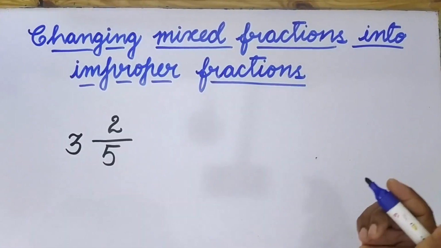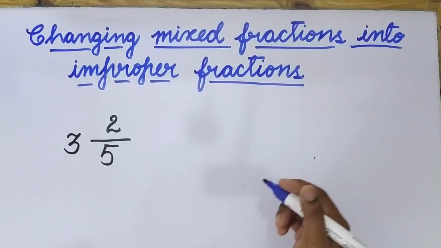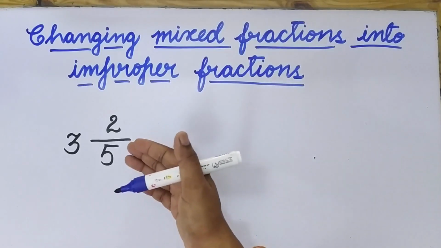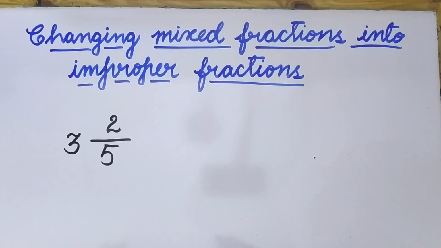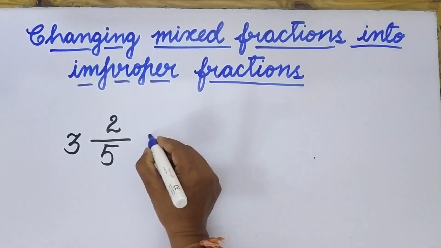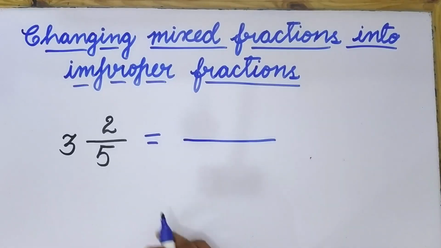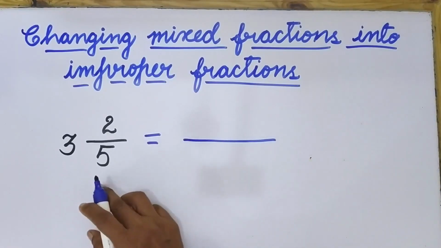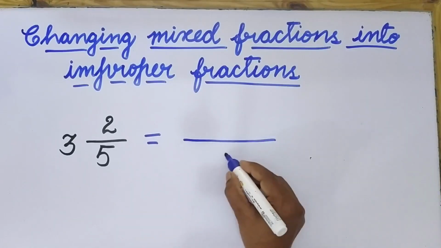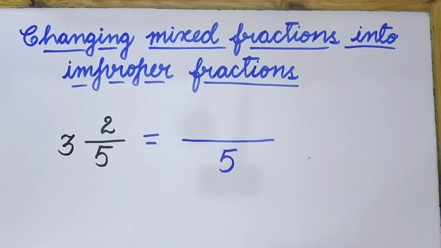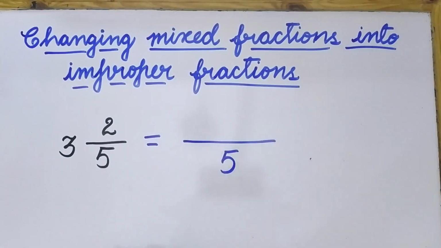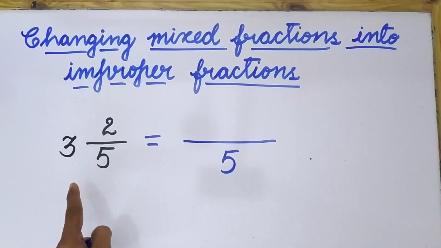As we have changed improper fraction into mixed fraction, similarly we can change mixed fraction into improper fraction. How to do? You know very well. As we all know, the denominator doesn't change. So while changing mixed fraction into improper fraction, we write the denominator as it is. Next, what do we have to do? We have to multiply the whole number with the denominator. So what's the whole number?